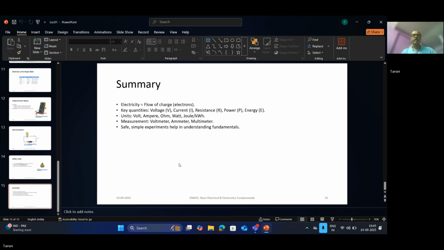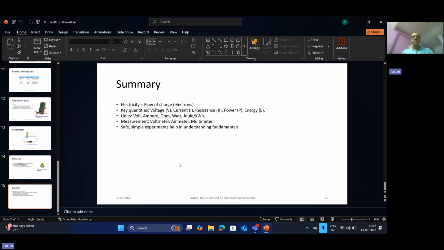Now, I am summarizing the points which have been discussed by me in this lecture. Electricity is the flow of charge, that is electrons or electric current.